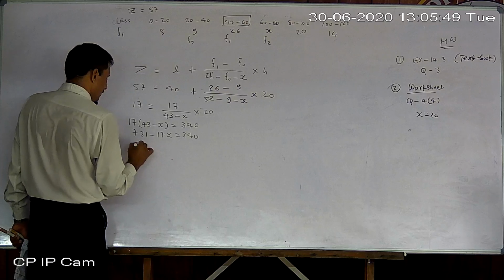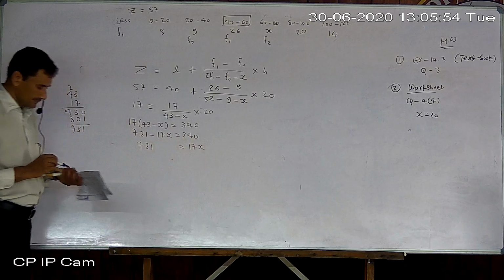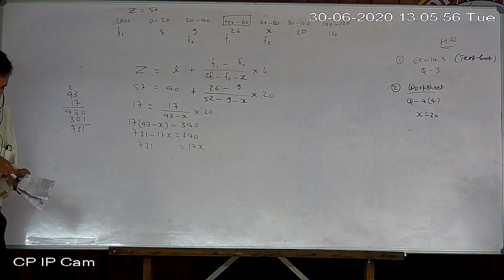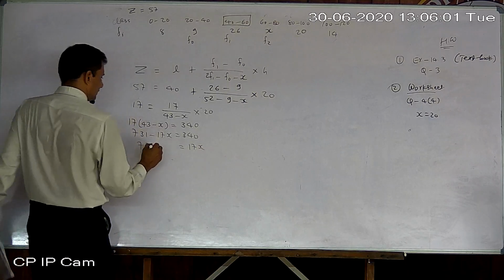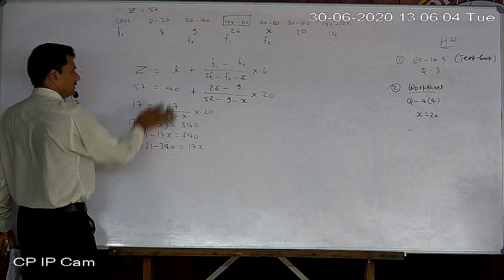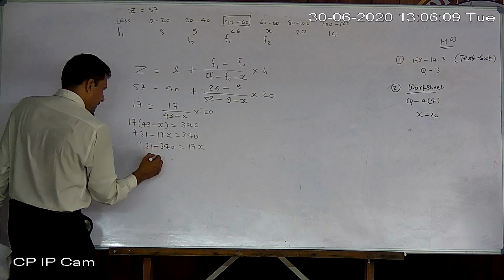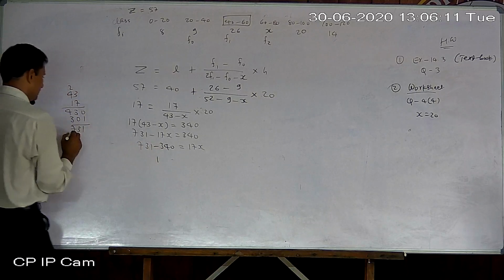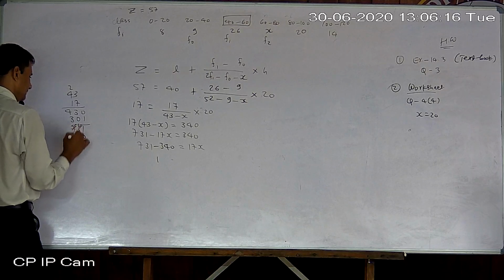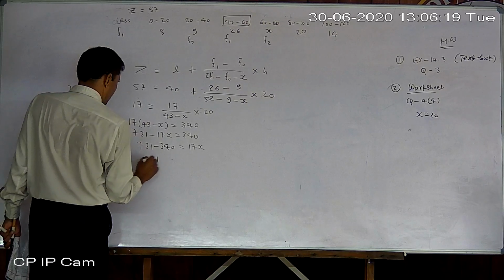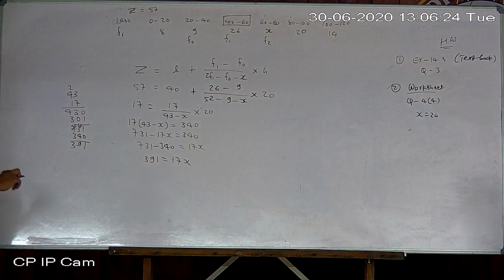Now you want to find x, so just shift that term because it is negative, otherwise we never shift the unknown term. 340 comes here. This is a simplification, nothing to understand here. Understand only the primary or initial 2 or 3 steps. Now 731 minus 340, so 391 equal to 17x.